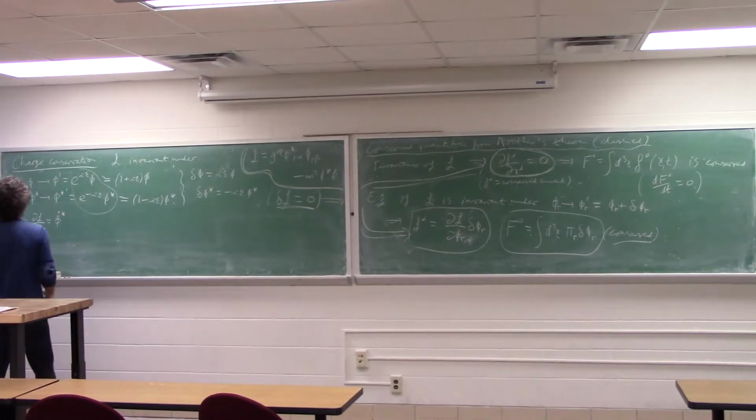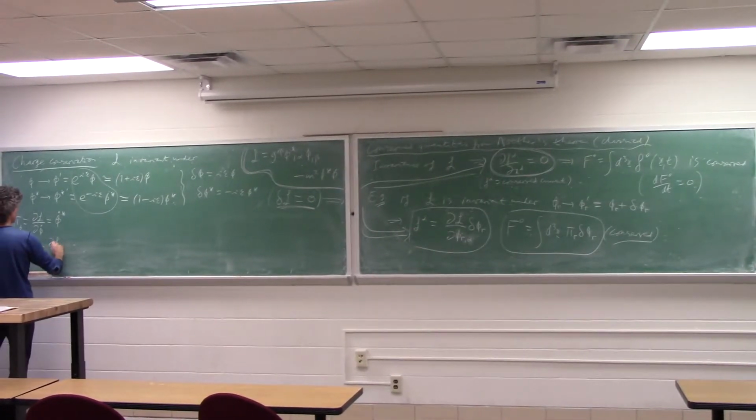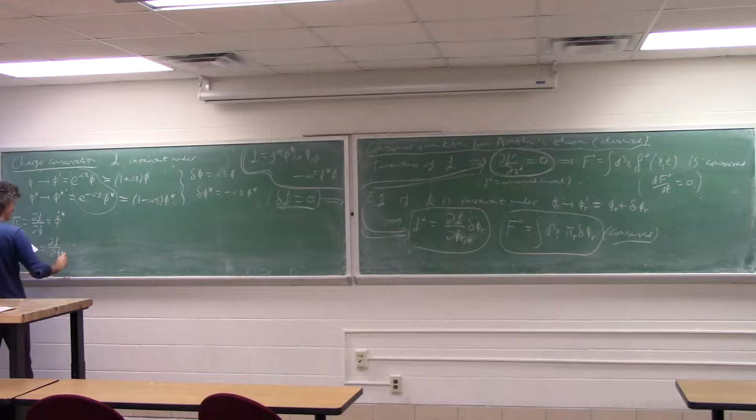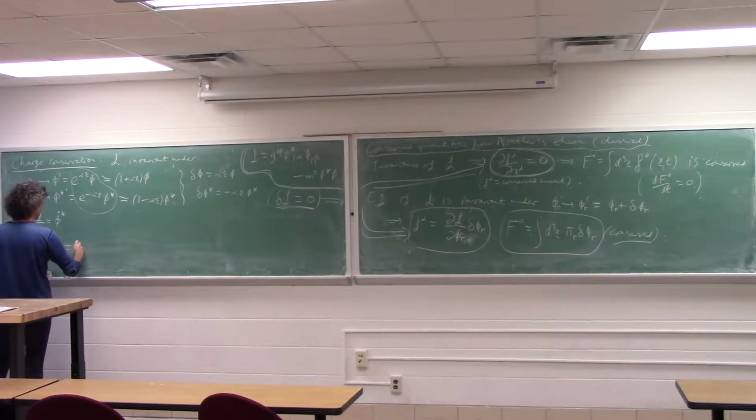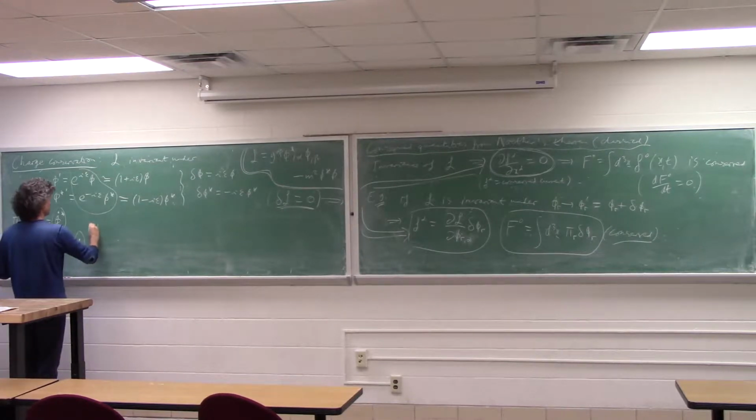You should get phi dot star. And so this is the canonical momentum density conjugate to phi. The canonical momentum density conjugate to phi star is dL by d phi star dot, which comes out to be phi dot. Now, you may notice that these are conjugates of each other.